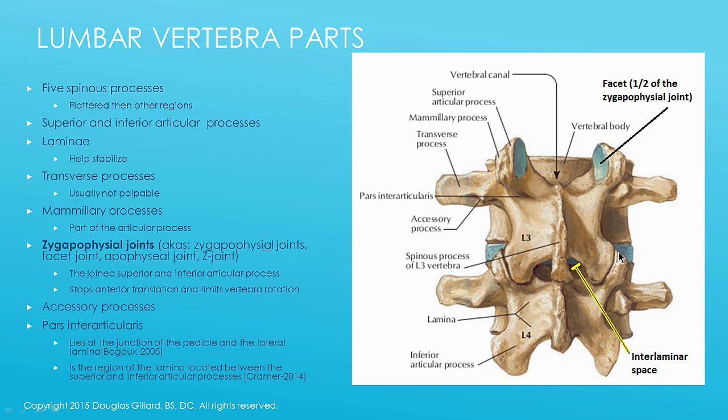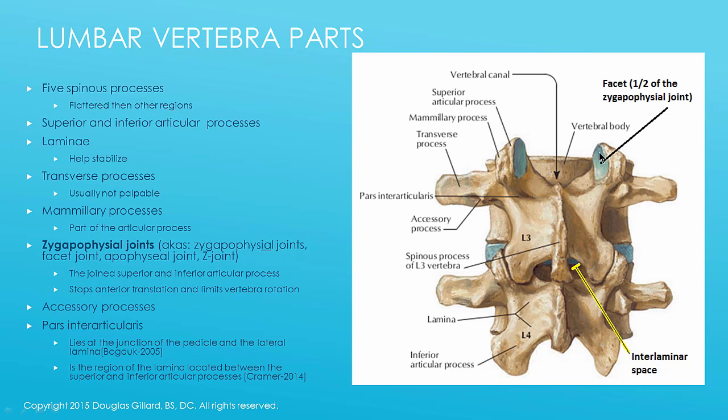Together the two make up the facet joint, or better term is really zygapophyseal joint, or Z joint. The anatomists and researchers across the pond always get upset with Americans because we coined the term facet joint, and this is not a good term because there's facets all over the body.